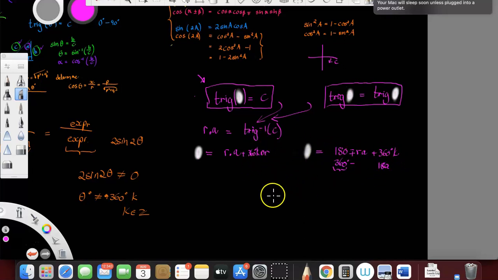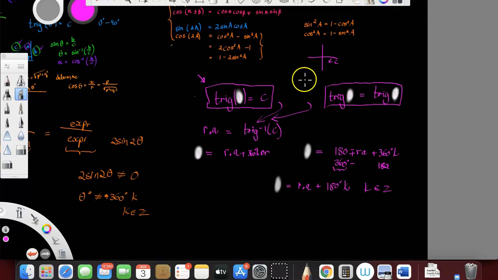You can just have your ghost equal to your reference angle plus 180 degrees times k, where k, and you always put this with it, is an element of integers.